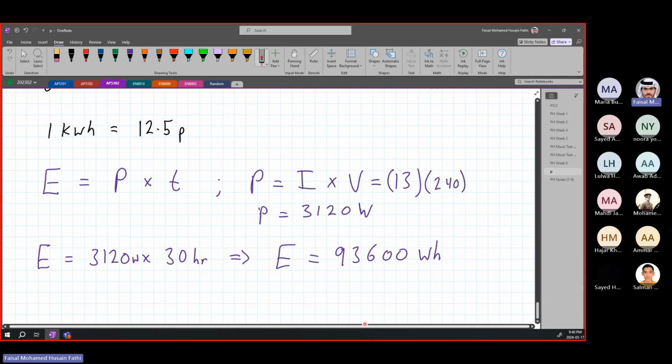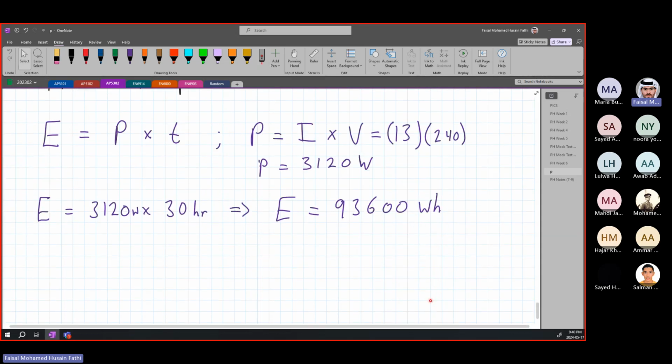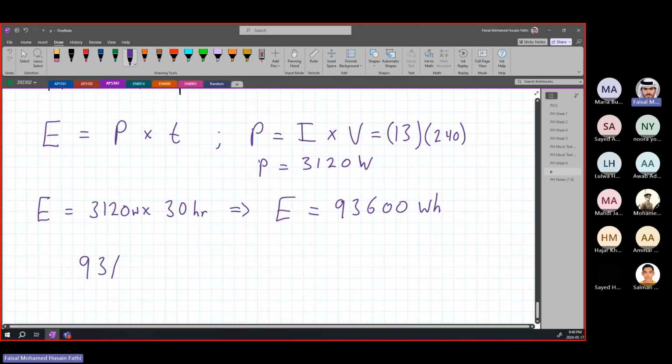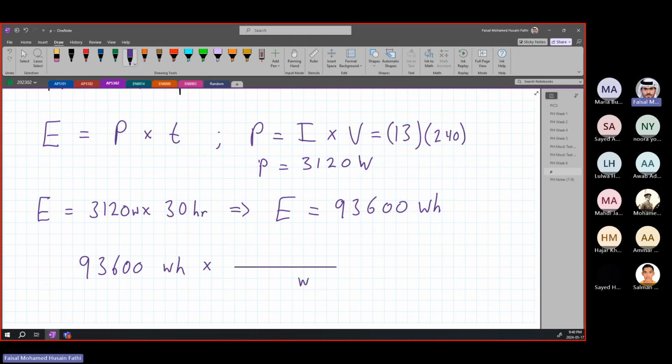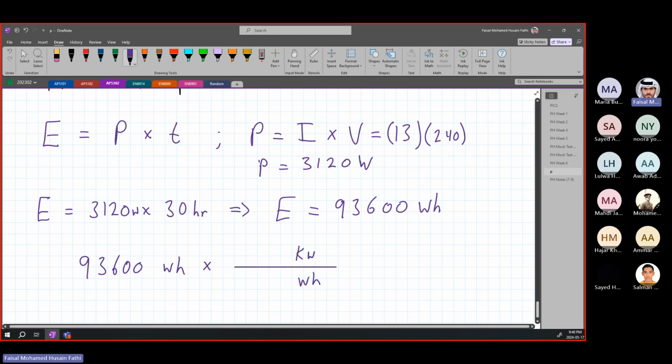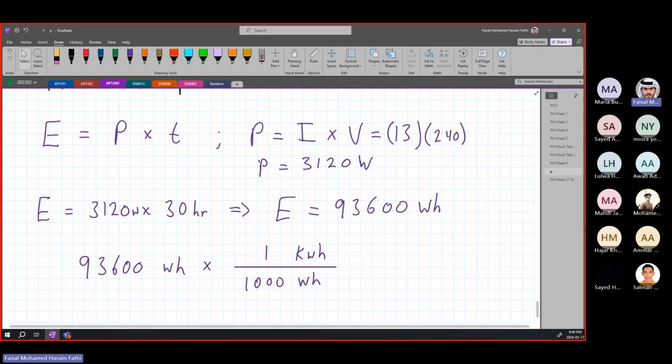So how do we do that? We found our value for energy in watt hour. We need to convert this into kilowatt hour. So we need to do 93600 watt hour times 1 kilowatt hour over 1000 watt hour, so the watt hour cancels. 1 kilo is 1000 times whatever the unit is, watt hour, pineapples, whatever.